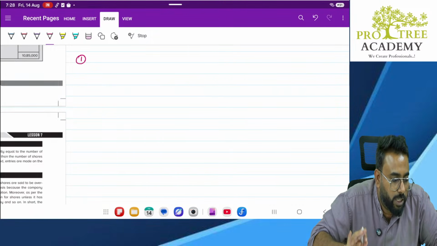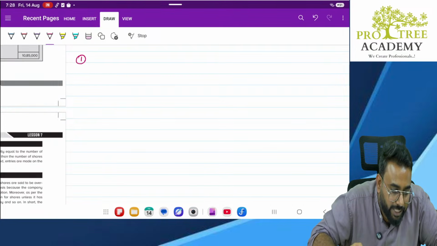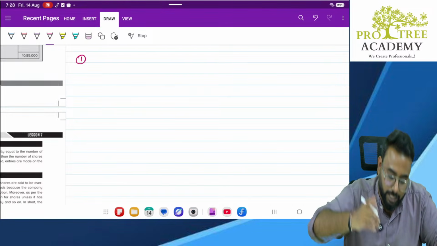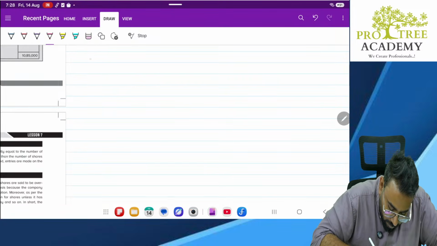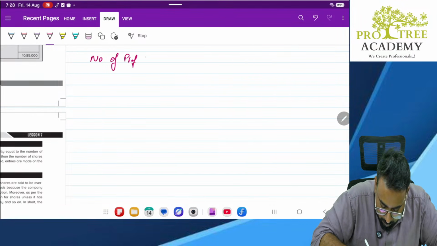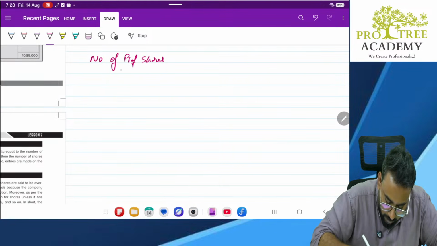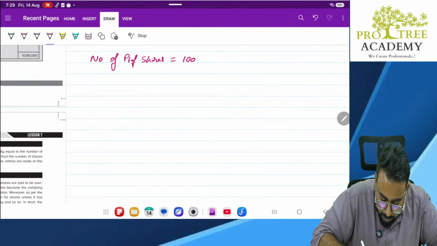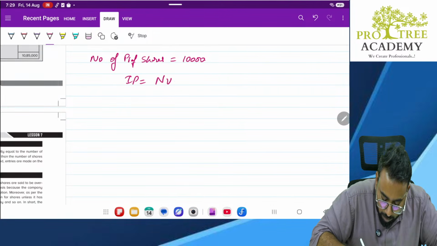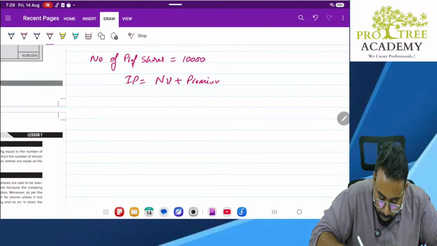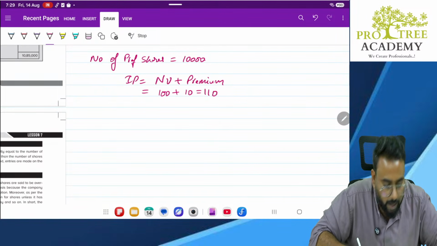Issued 10,000 12% debentures of 100 each at a premium of 10 per share. That means what? 10,000. What is the issue price? Sir, issue price is nominal value plus premium. What is the nominal value? 100. Premium is 10. So total 110.